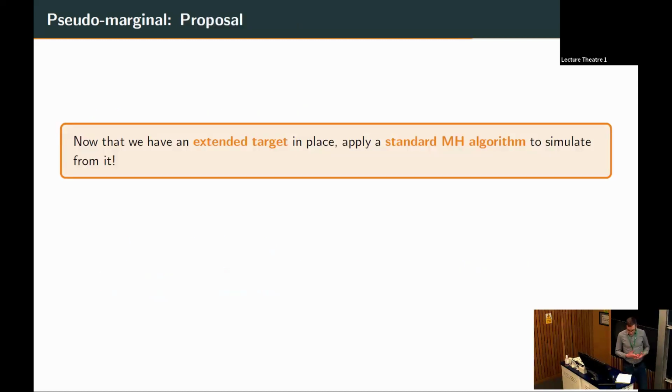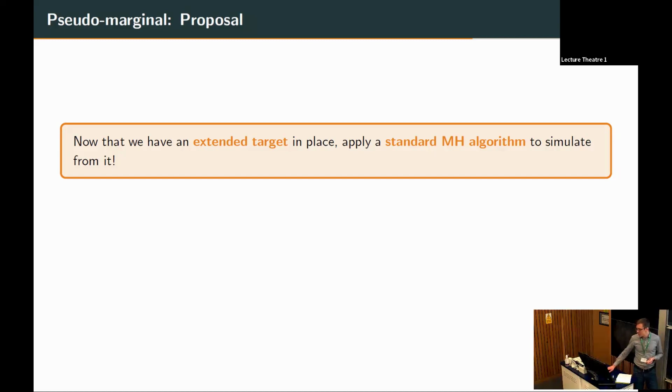And if we're now going to define or construct an MCMC procedure, well, we have a target, and I'm going to work within the Metropolis Hastings framework for now. So the next thing would be to define some proposal distribution. And this should now be a proposal distribution over the pair theta and z hat.